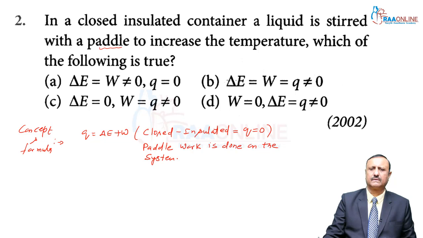So, my dear students, that means W is not equal to 0, because work is done. When work is done on the system or by the system, W is not equal to 0, and hence the internal energy of the system increases, because it is given that the temperature increases.